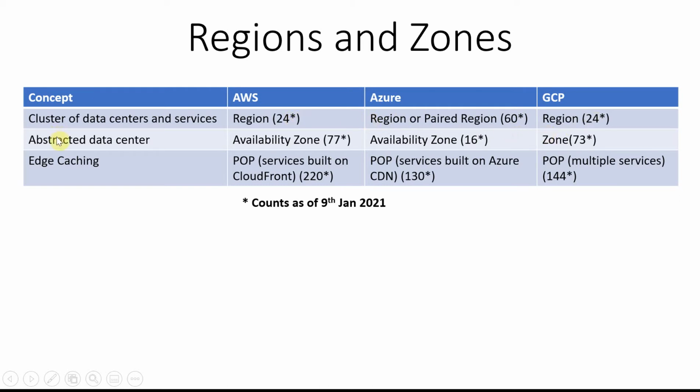And next is the availability zone. But first, maybe I should explain how we organized this presentation. On all the slides going forward, you'll see a comparison box like this. What I explained is here is a concept, what we're trying to compare, and then how it is called in AWS, Azure, and GCP.